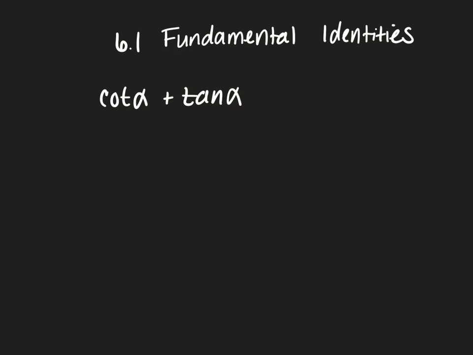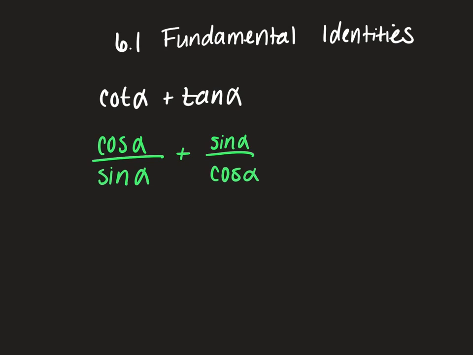So tangent is equal to sine over cosine, and cotangent is equal to cosine over sine. So cotangent is the same as cosine over sine, and tangent is the same as sine over cosine. Basically you just replace pieces with other stuff that is equal to them.